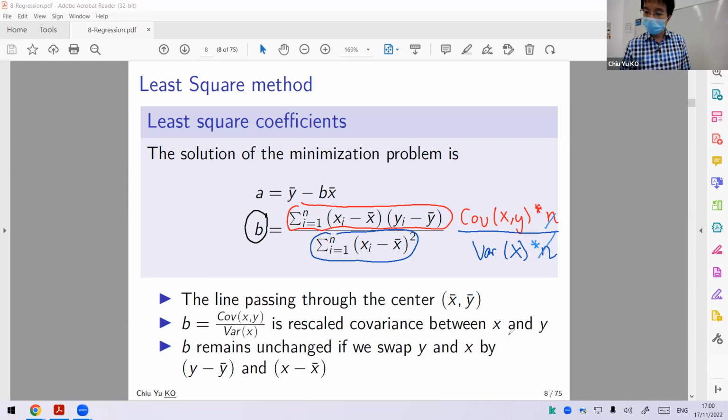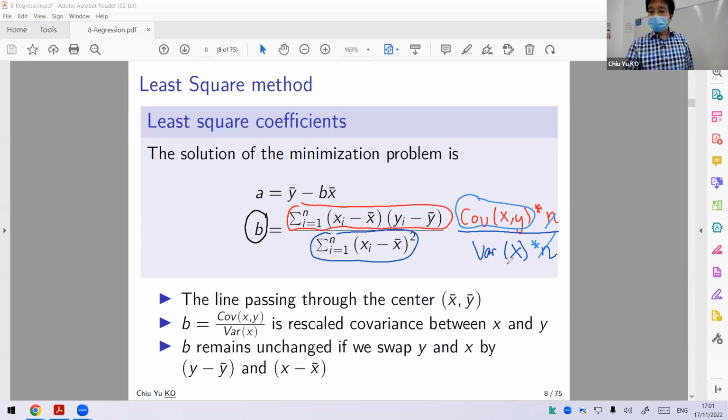Okay, they cancel out, right? And you can see that this covariance is trying to tell you how x and y are related, right? Remember covariance, how x and y are related. And what it says here is it's related to covariance because covariance is how x and y are linearly related, right? So that's why having the covariance is very natural.